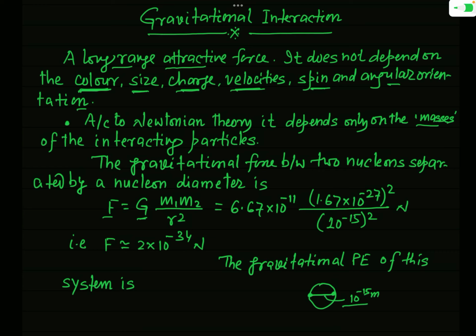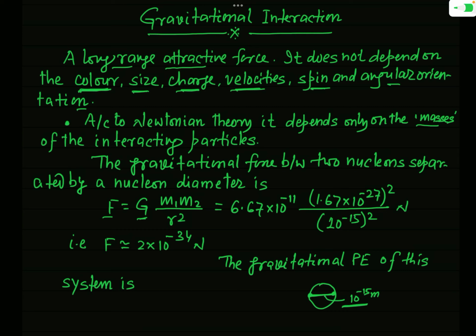So if you wish to find the strength of this force on the basis of Newtonian theory, what will be the magnitude of the gravitational force acting between two nucleons separated by a distance of the order of 10 to the power minus 15 meter?